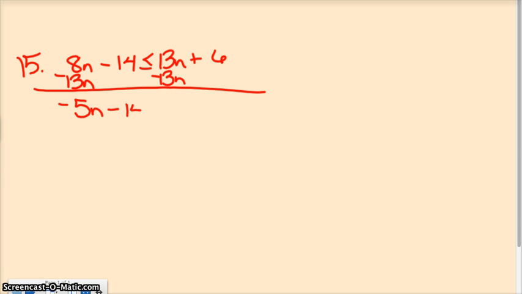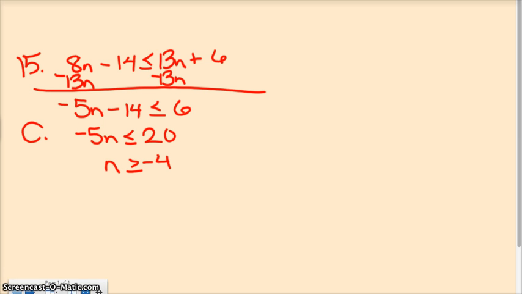Negative 5n minus 14 is less than or equal to 6. Add 14. Negative 5n is less than or equal to 20. Divide by a negative, I'm going to MD and F it. n is bigger than or equal to negative 4, which is C.